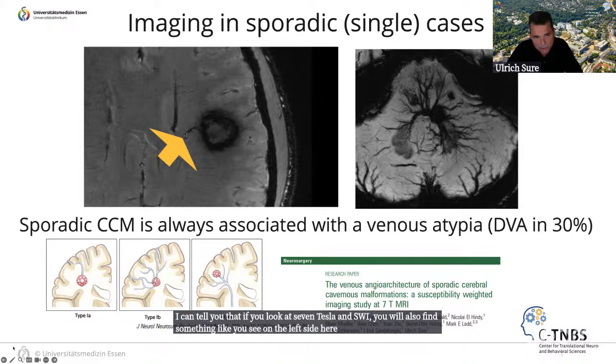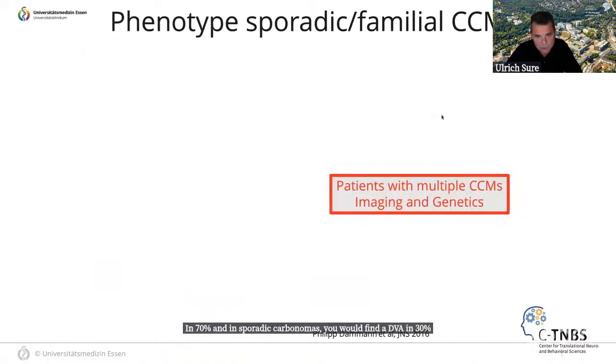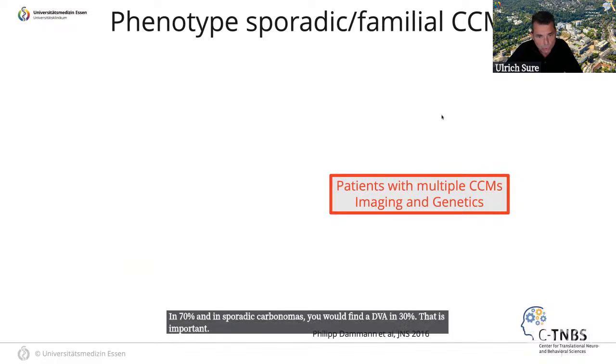This is what we call a typical venous atypia. So in sporadic cavernomas, you would find a DVA in 70%, and in sporadic cavernomas, you would find no DVA in 30%. That is important to know.